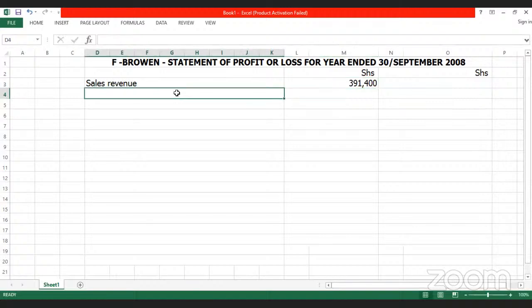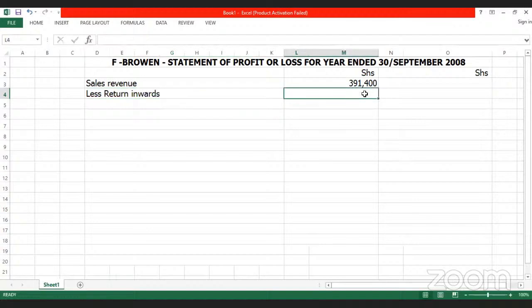Now you have to find out if the business has sales returns or return inwards. So do we have the return inwards? Please look through the question very fast.